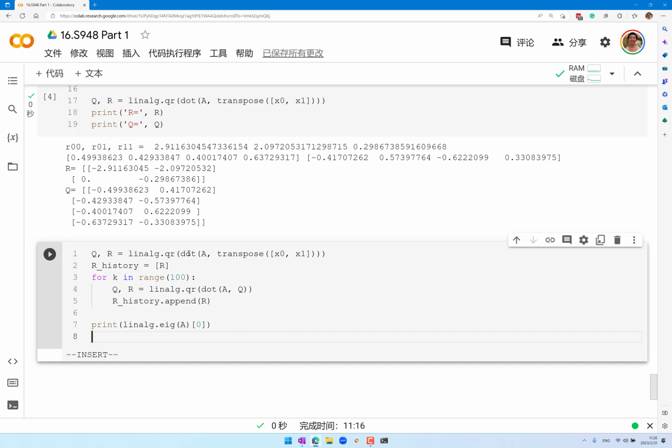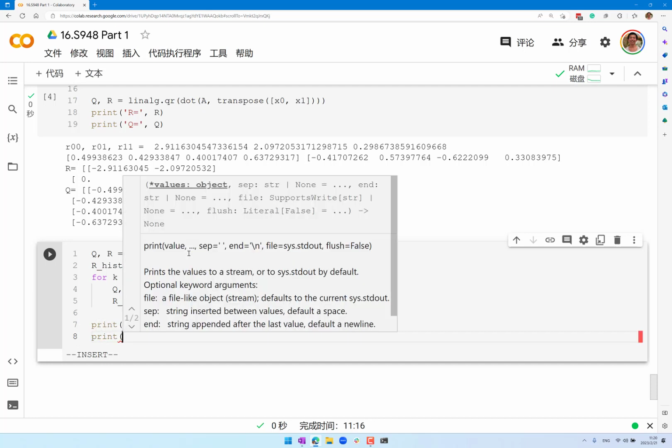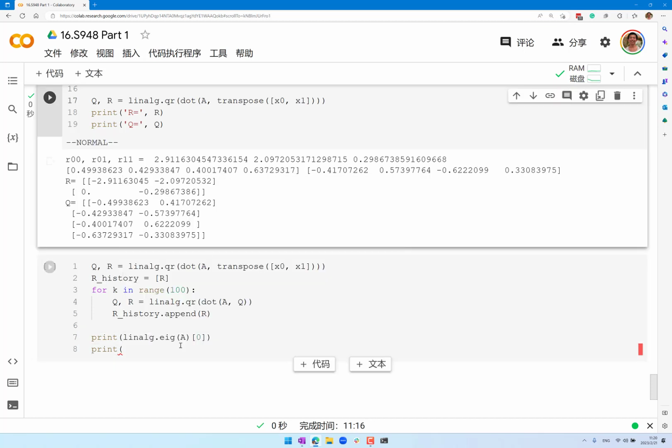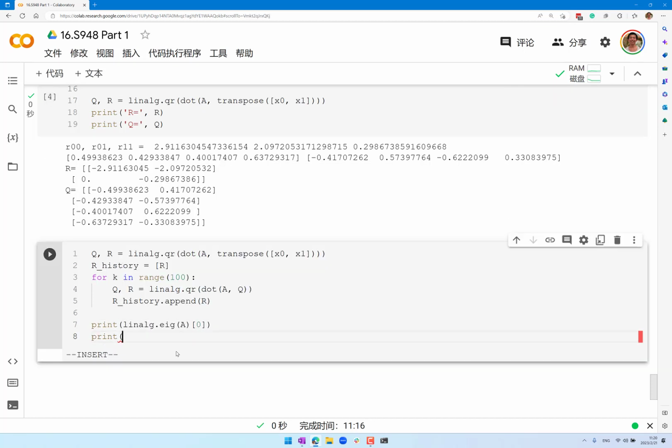see what's the best way to do this. We'll just also print out, let's actually print out R, the diagonal component of R for R in R history, and the product of that.